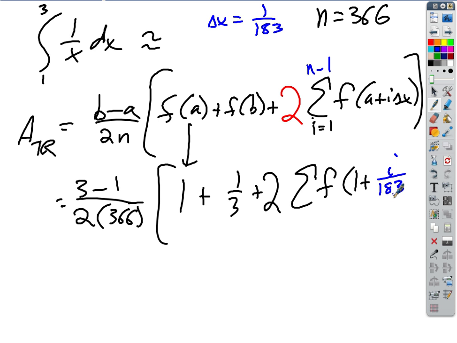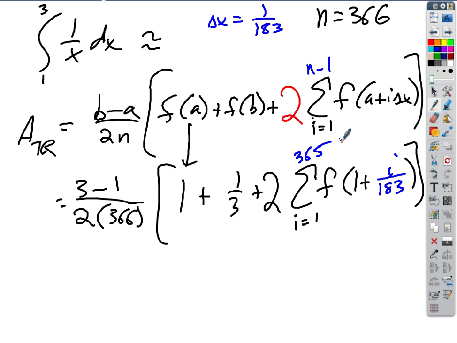There's our function that we're going to add up from 1 to 365. Now, what is f of all that stuff? f of x is 1 over x, so f of that is 1 over that stuff.